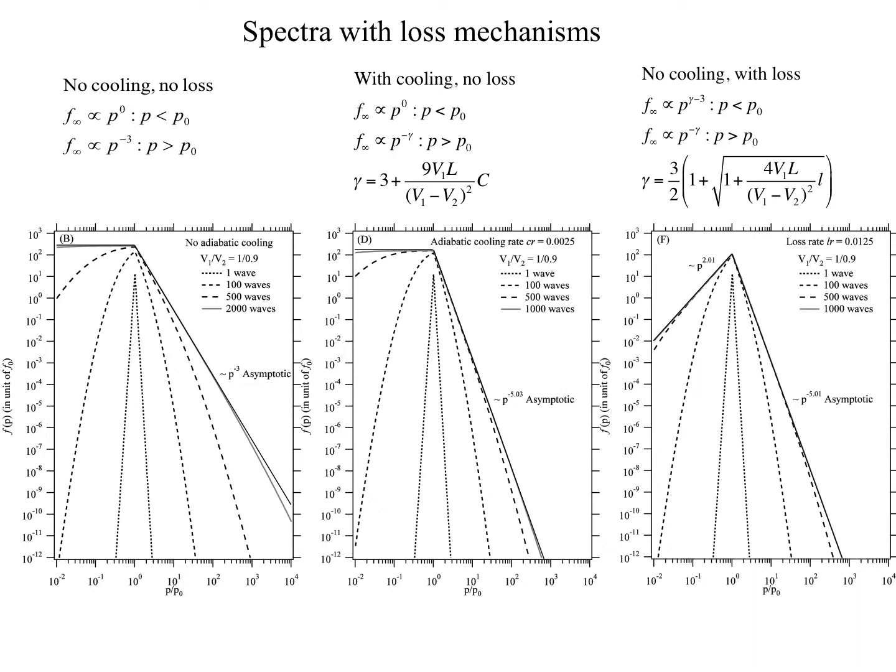Instead, it's a steeper spectrum, depending on the balance of adiabatic cooling and the stochastic acceleration by compressible turbulence. Similarly, if there is a loss mechanism, the spectrum can also be steeper than p to the minus 3, depending on the balance between the loss and the acceleration.